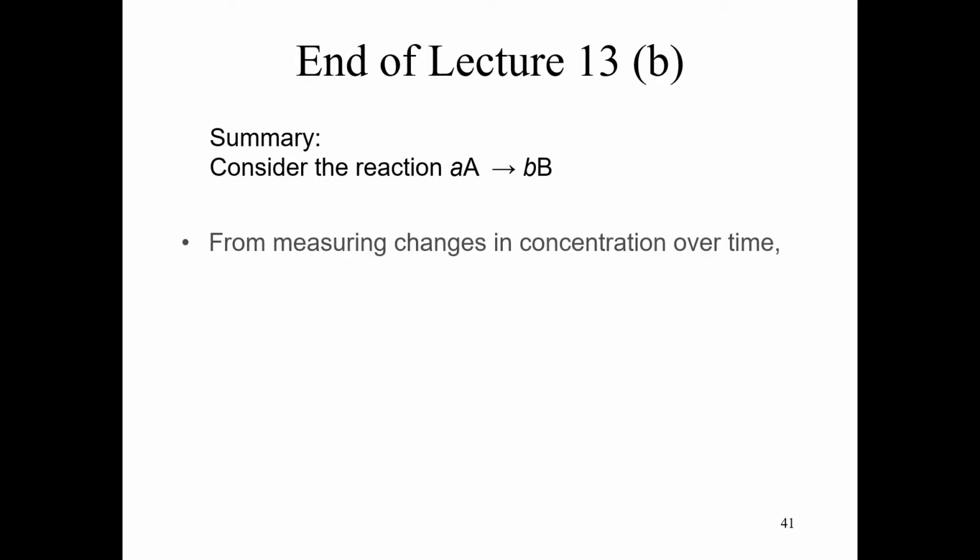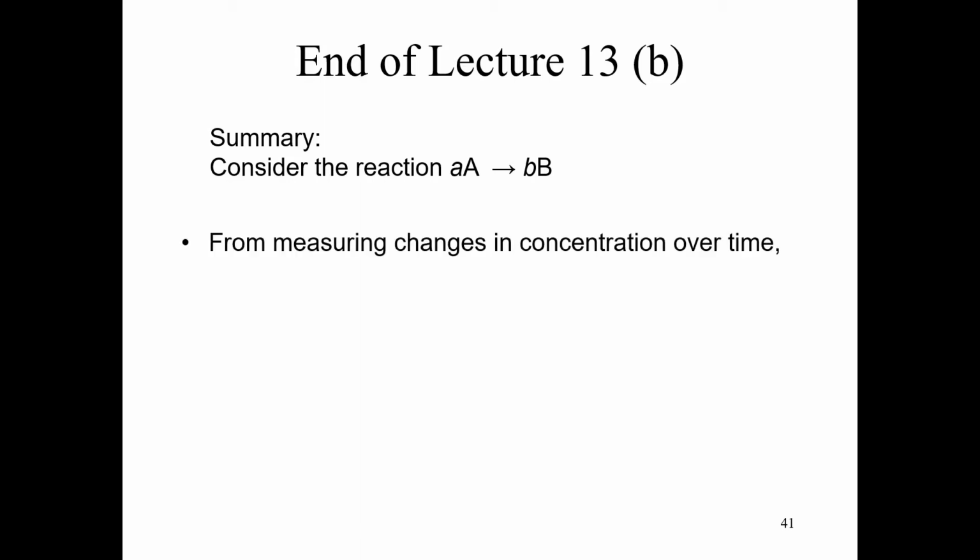Okay, students, at the end of our previous lesson, we learned several things about the rate of chemical reactions. So let's summarize. Let's consider reaction A being converted to B, where the small letters represent the stoichiometric coefficients.